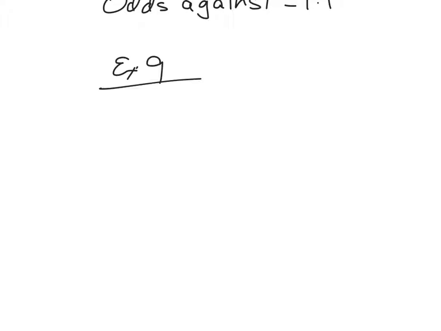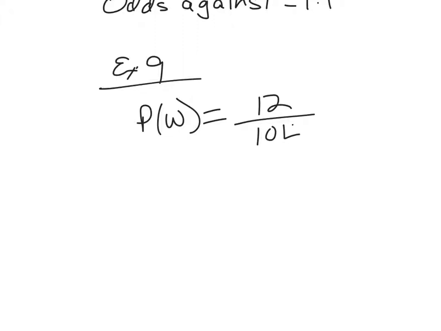So let's find the probability first. The probability of Bob winning is he bought 12 tickets and there were, what was it, 104 tickets total? 12 out of 104 would reduce to 6 out of 52, which would reduce to 3 out of 26. So the probability that he's going to win an iPad is 3 out of 26.